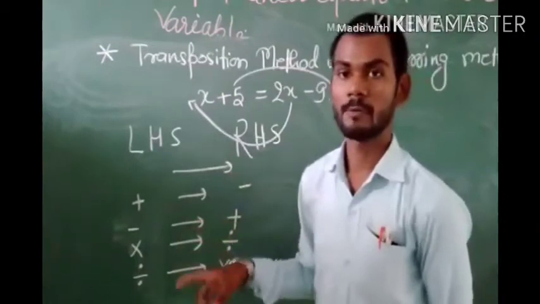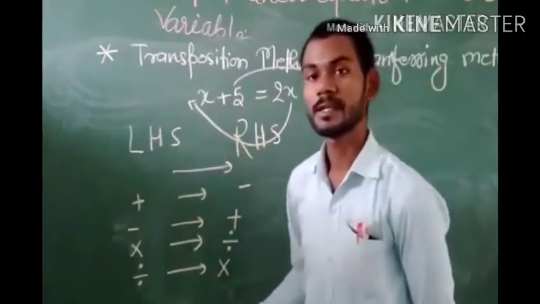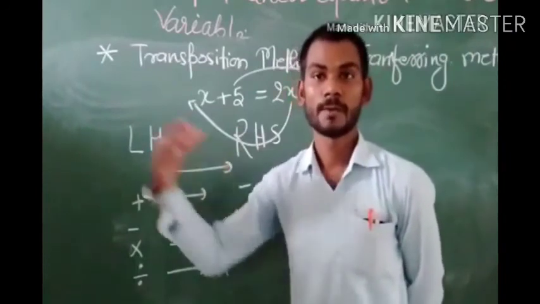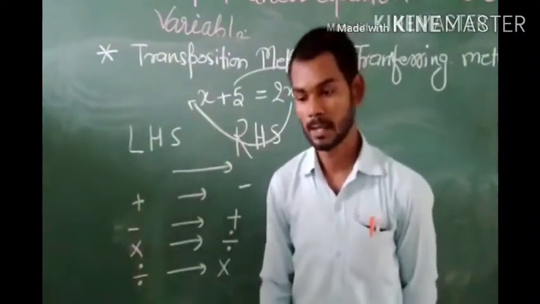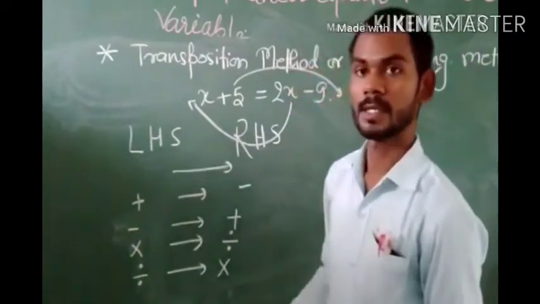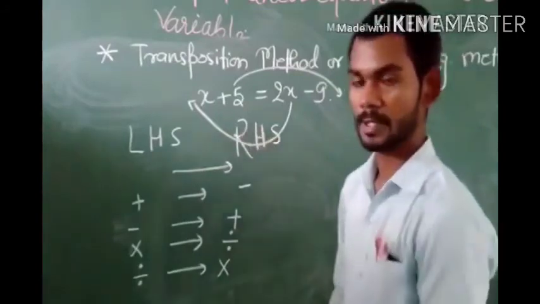In the method of transposition, these signs change when we cross from the left hand side to the right hand side and vice versa. So let us see an example.